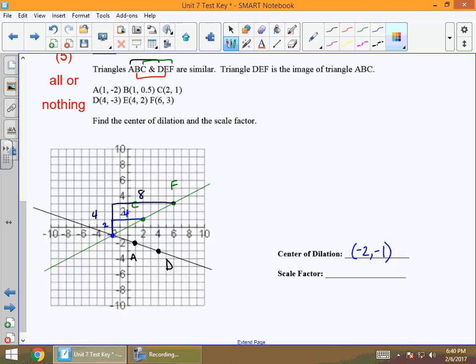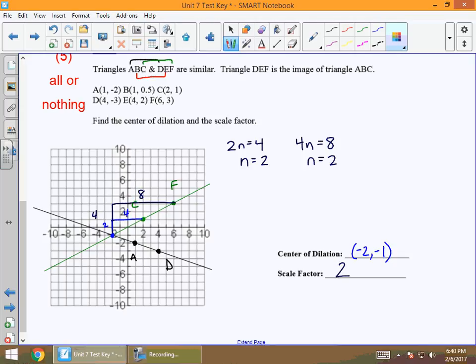And then I just ask myself, instead of going up 2, I go up 4. So 2 times what number equals 4? Or I could say it was right 4 times what number would give me 8. But either way, I have a scale factor of 2.